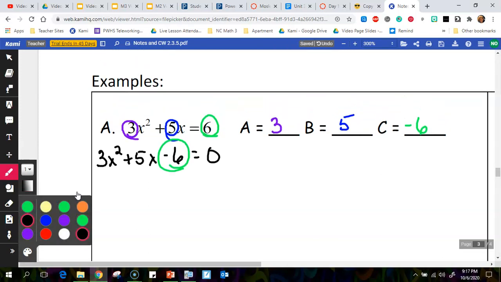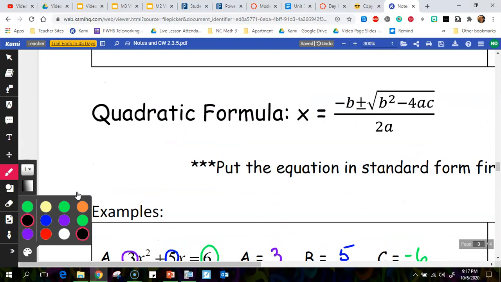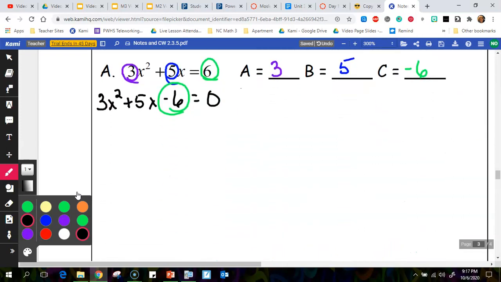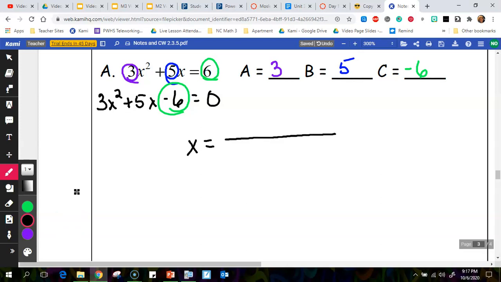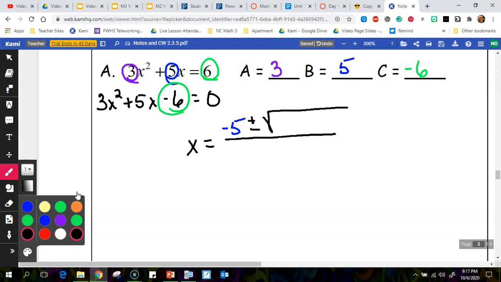All right, so the quadratic formula. It is up here on your notes. We're just going to go ahead and start filling in. So x equals the opposite of b. The opposite of b is negative 5. Plus or minus the square root of b squared. b squared is 5 squared, which is 25.